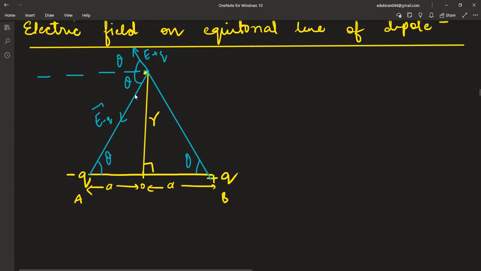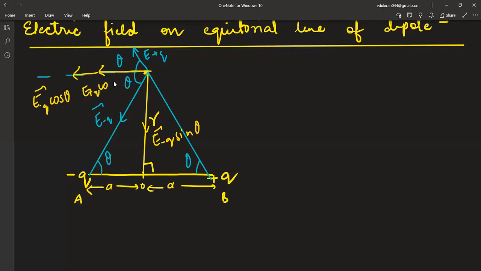So once we resolve them, for E minus Q you get E minus Q cos theta, and perpendicular to it you have E minus Q sin theta. Again for E plus Q, you will have E plus Q cos theta, and this will be E plus Q sin theta.